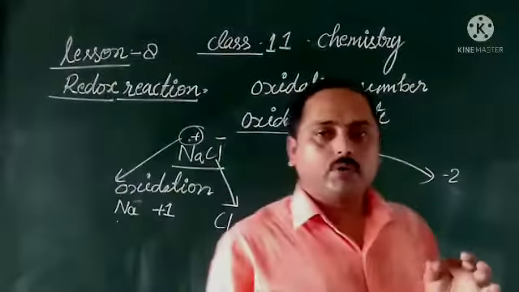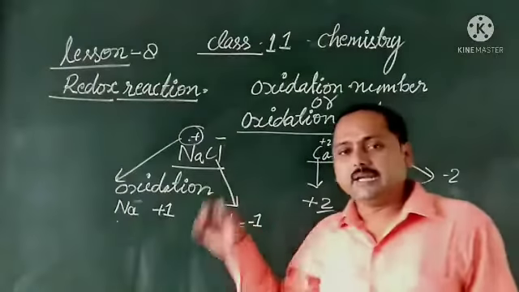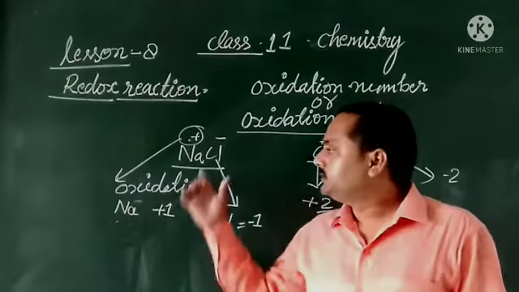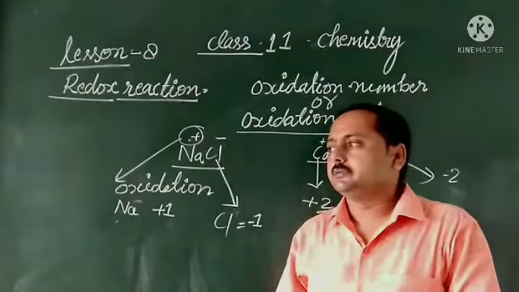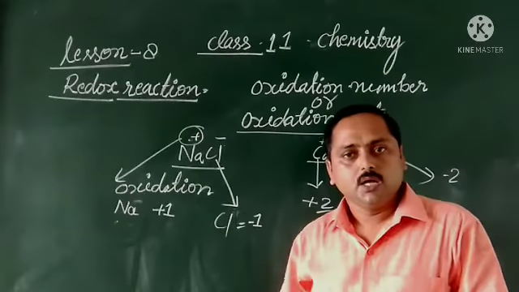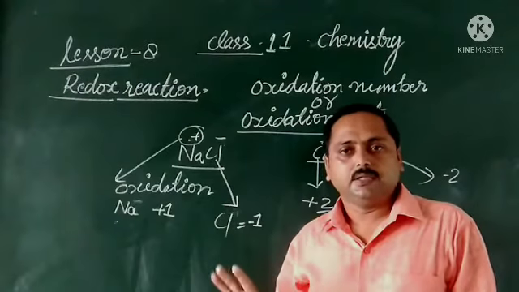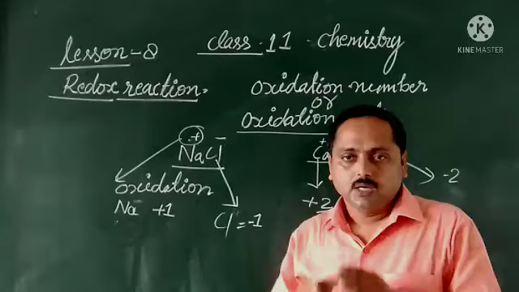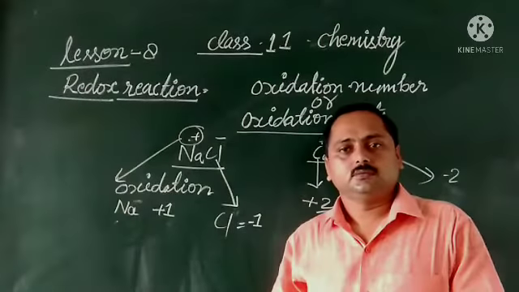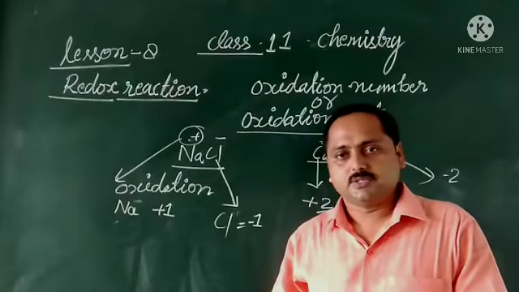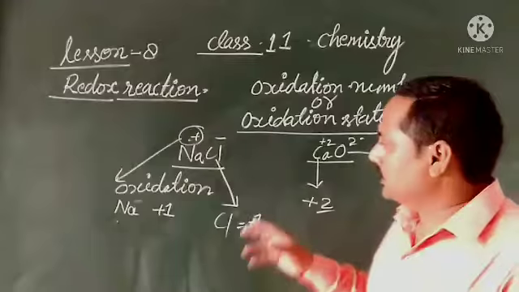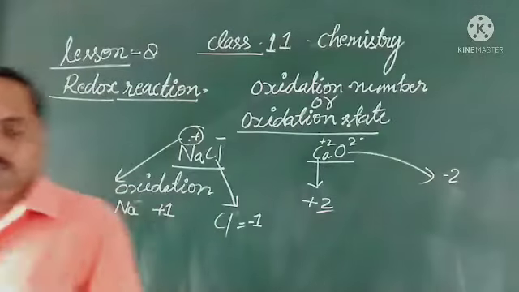One point to clear. In ionic compounds, charges are clear, but in covalent compounds, charges are not fully developed, but they have some charge. So we can define it with the help of this.